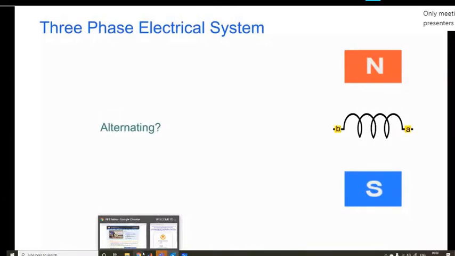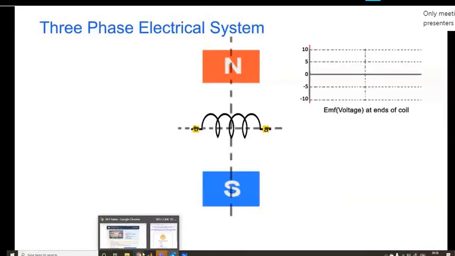In this position, the axis of the coil and the field are perpendicular to each other, and there is no EMF across the coil. After some time, when the coil takes this position, one side of the coil is linking with the north pole and the other side with the south pole. As a result, an EMF starts appearing in the coil. The terminal A becomes positive and B becomes negative. That is, A is at higher potential and B is at lower potential.